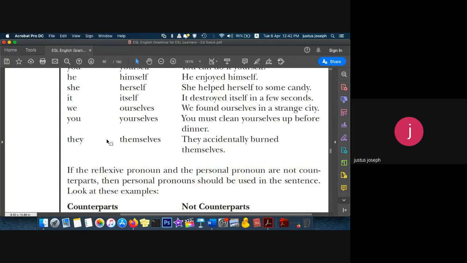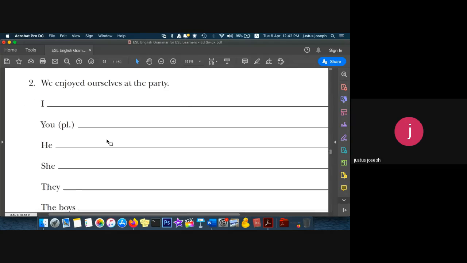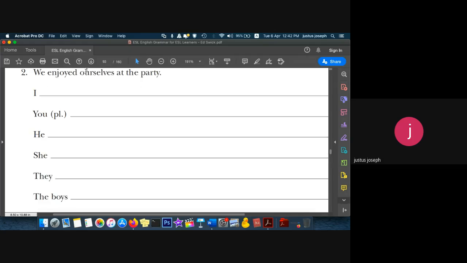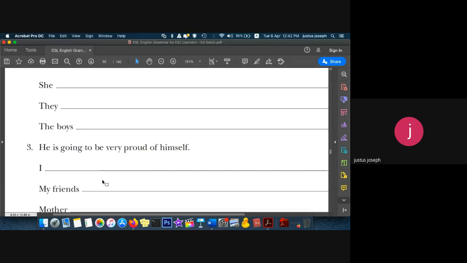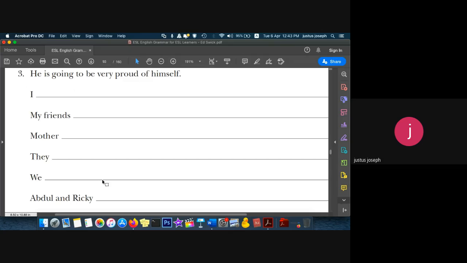Chalo, I'm moving the screen. I'm going back to the exercise. So the boys enjoyed themselves at the party. Okay. He is going to be very proud of himself. Try this: Abdul and Ricky.